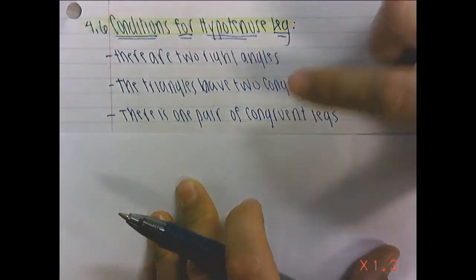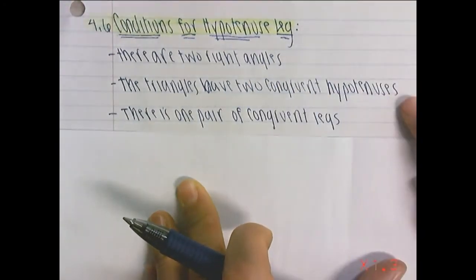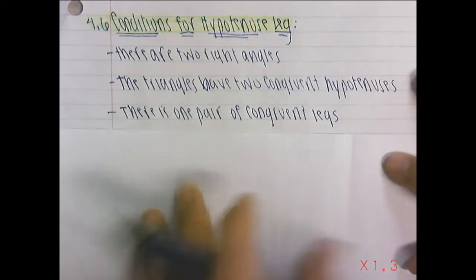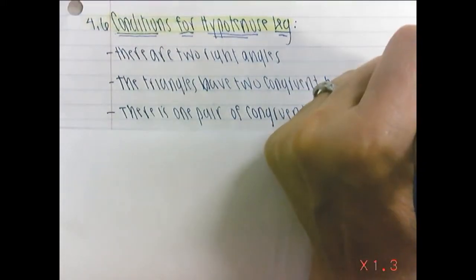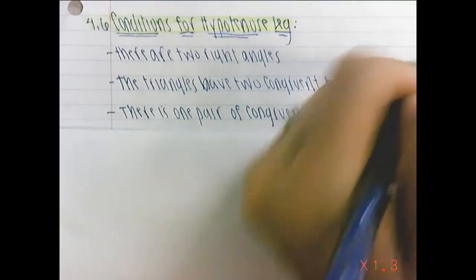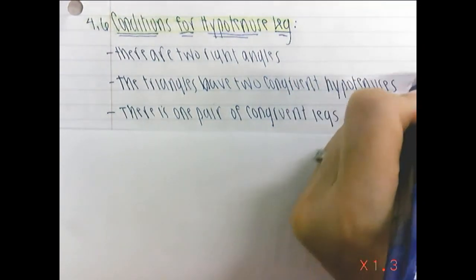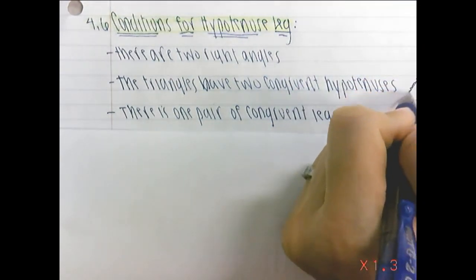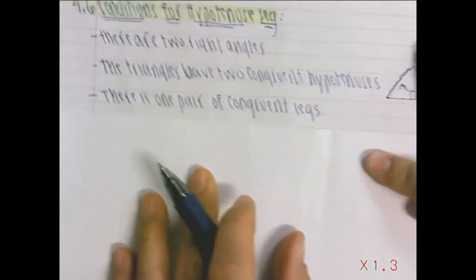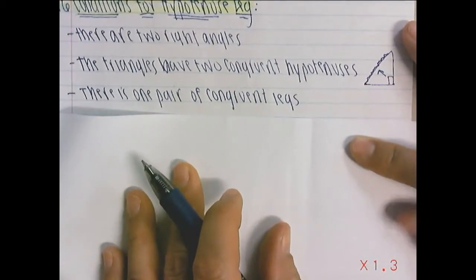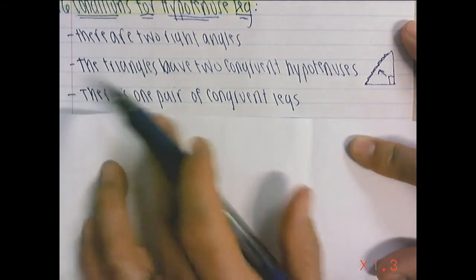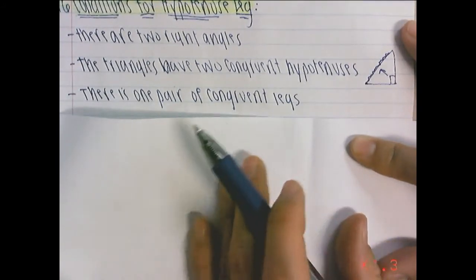And then the triangles need to have two congruent hypotenuses. Remember, if we draw out a right triangle, the hypotenuse is always directly across from the 90-degree angle. And then you need to make sure that there's one pair of congruent legs.